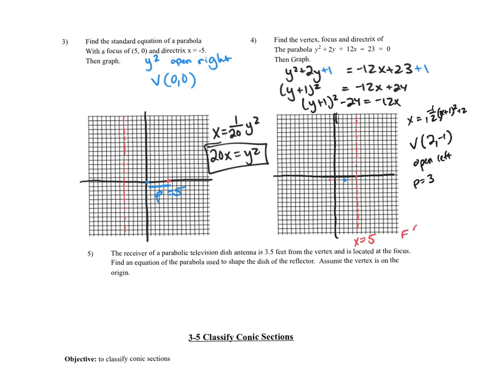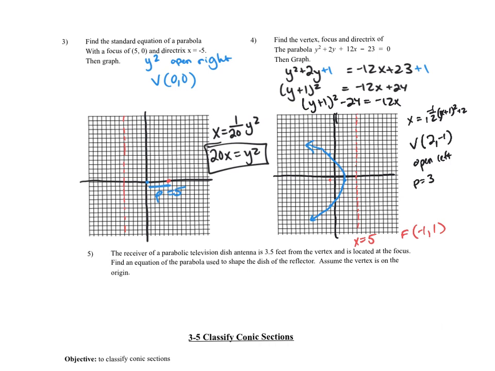So our focus is at negative 1, 1. And then from our focus, we can go up and down 2p to get our other points. So we'll go up 6 and down 6. And there is our parabola. And we have found everything that we need.